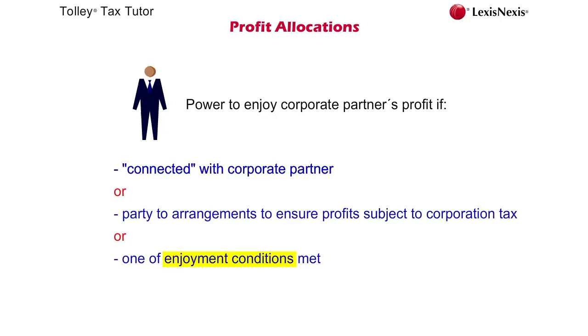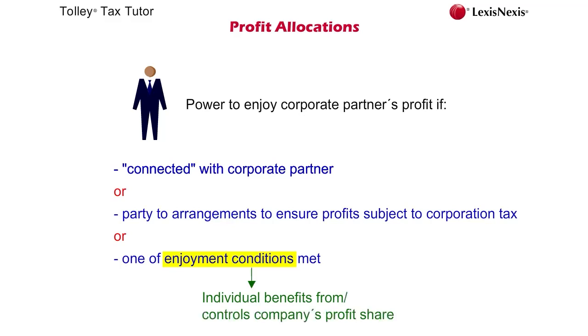The enjoyment conditions are met when the company's profit share is anticipated at some time to be for the benefit of the individual, or any part of the company's profit share increases the value of any of the individual's assets, or the individual is entitled to receive any benefit, directly or indirectly, out of the company's profit share, or the individual is able in any manner to control, directly or indirectly, the application of the company's profit share.